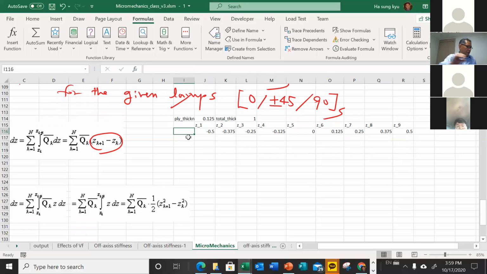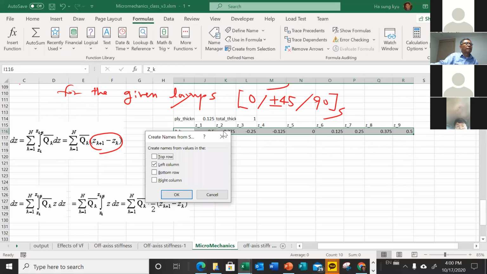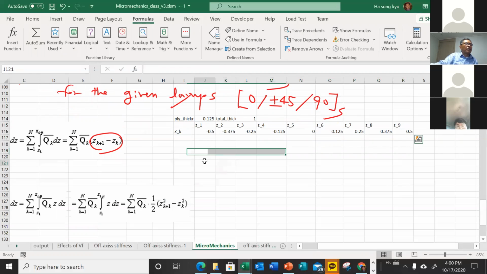So you can say this is the z, I would say k. Okay, this is the zk, like a vector.